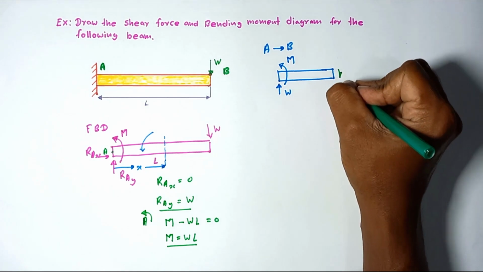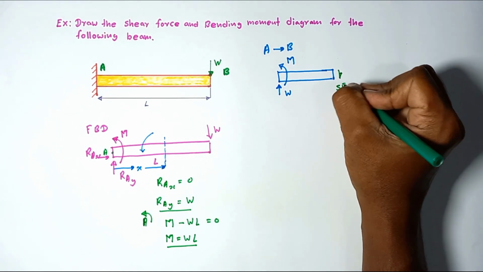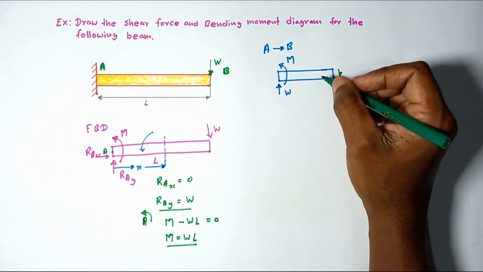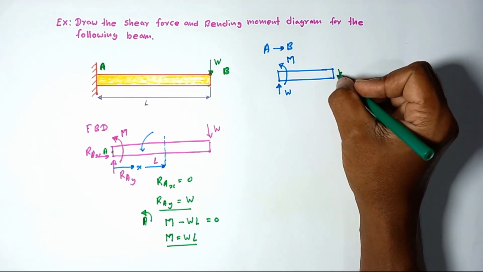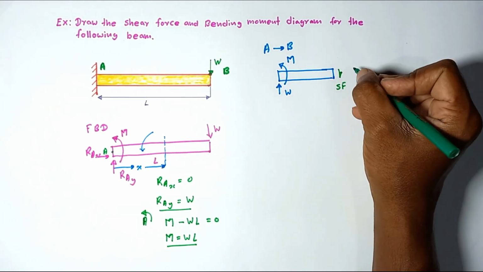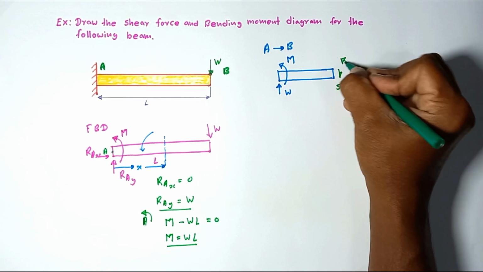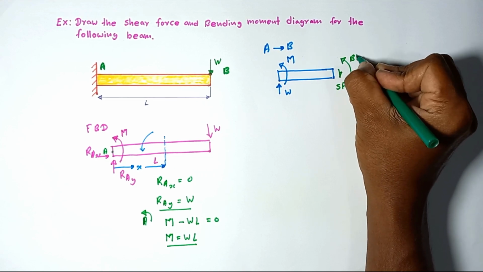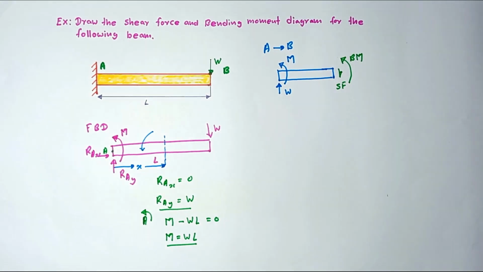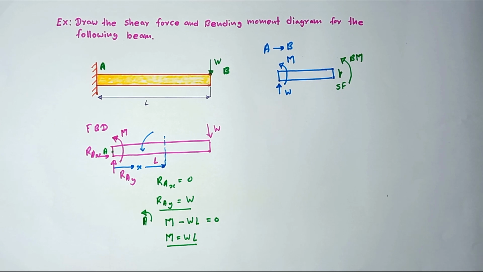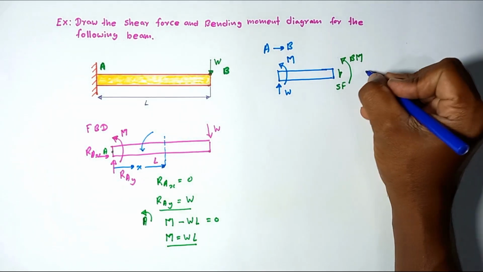This is the positive way we are marking the shear force on the left hand side face after making the imaginary cut. Then the moment acting on this cross section, let's take as the bending moment. For your knowledge, let me draw the adjacent plane.